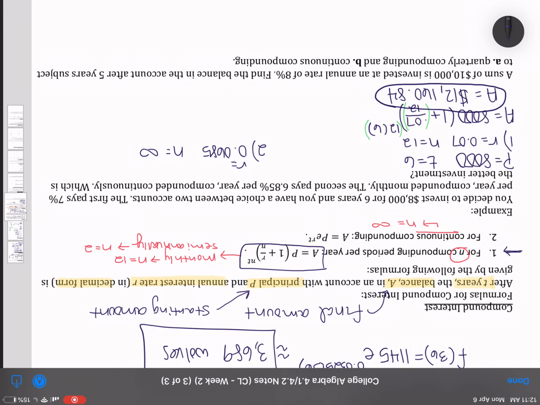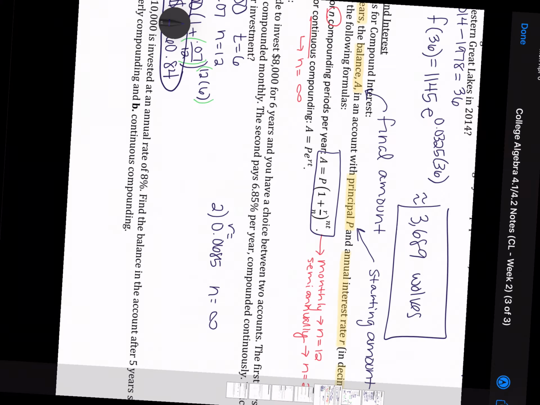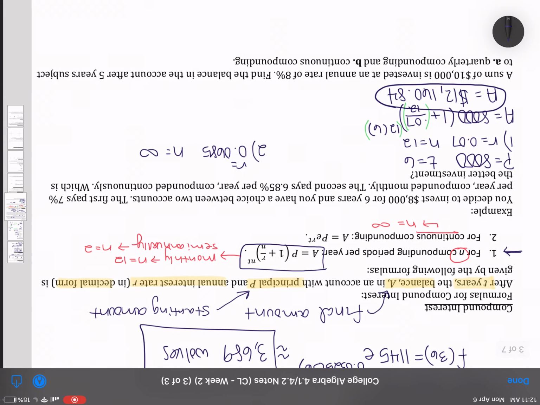All right, for the second one, we have our rate, 0.0685, compounded continuously. So A equals our principal, 8,000, e to the 0.0685 times 6. Compounding continuously is easier to plug into the calculator.